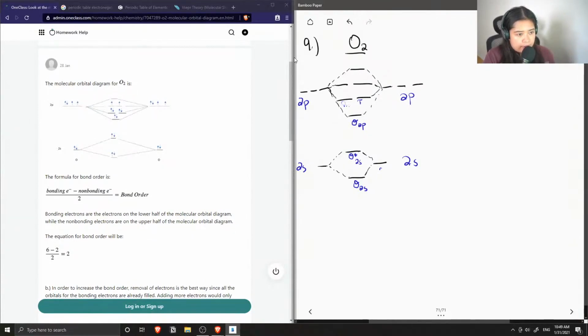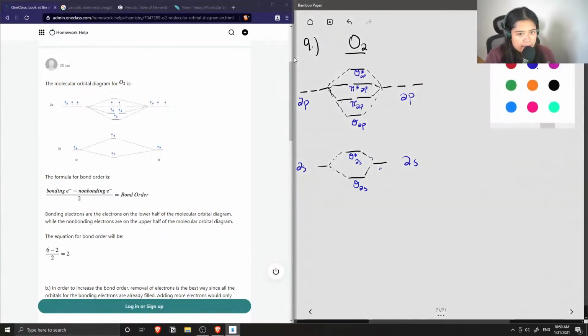I'll just write it once so that it's not too crowded. And on top of that is the pi star 2p. And then at the very top is our sigma star 2p.